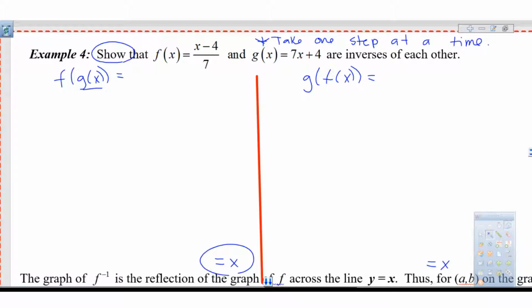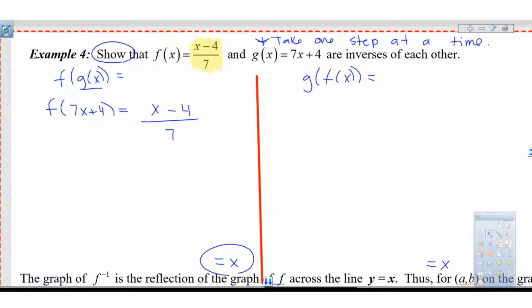Here we go. This is a review from last time. Find f of g of x. Take that g of x and replace it with what g of x is, which is 7x plus 4. Now I'm going to go into the 7x, which is right there. You guys listen. Write the f of x down: x minus 4 over 7.